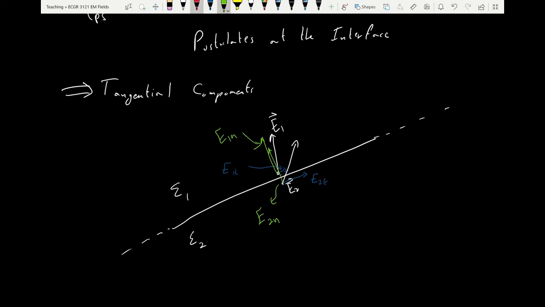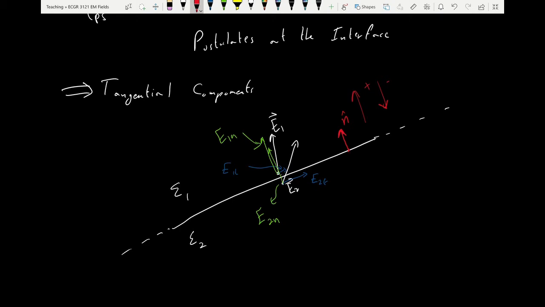Typically what I do is assume that there's a certain unit normal vector, and that gives me what I consider to be the positive direction. So if any normal component is in this direction, it's going to be positive. If it's in the opposite direction, it's going to be negative. That's all that this is doing. I'm defining where the positive normal direction is.